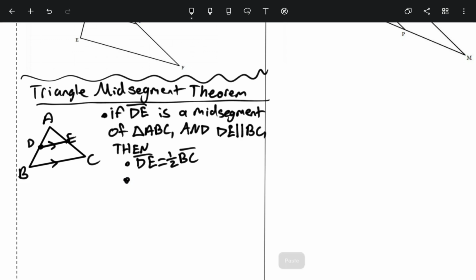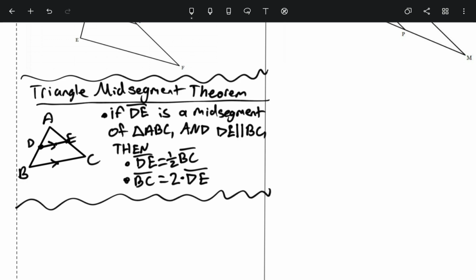Or the converse of that, segment BC is equal to 2 times segment DE. So basically this bottom segment is twice the length of the mid-segment. And that is the triangle mid-segment theorem.